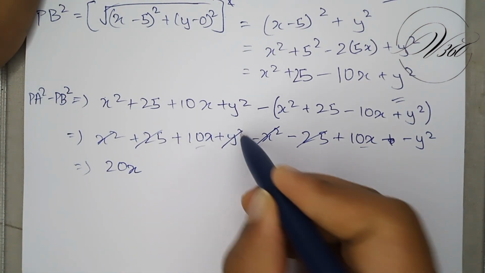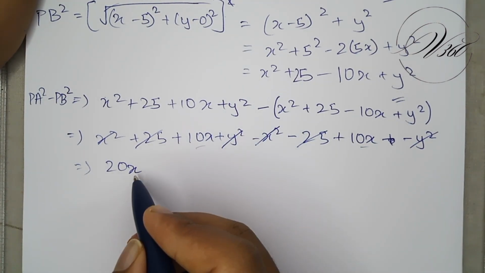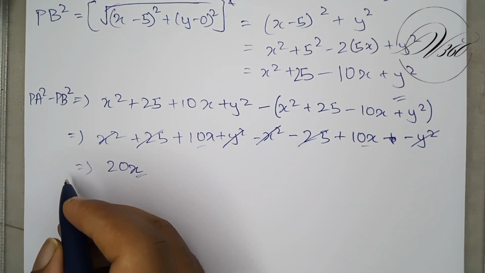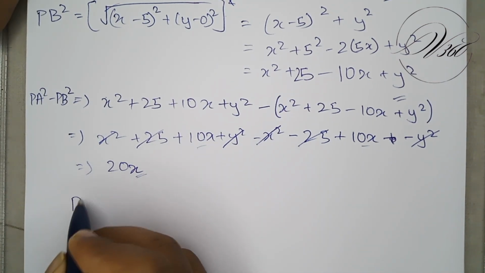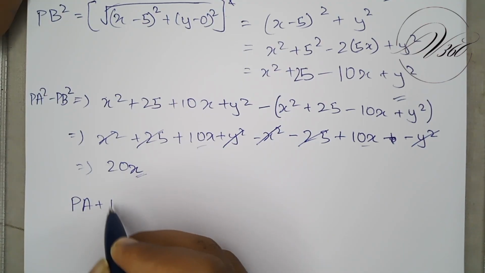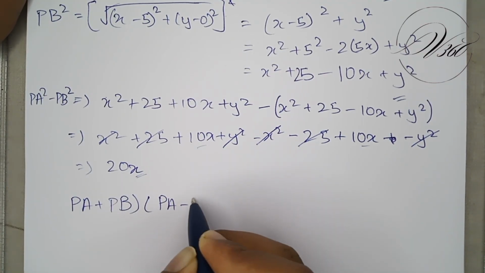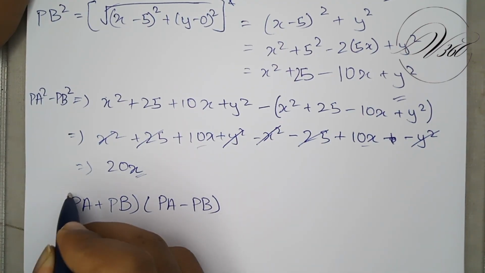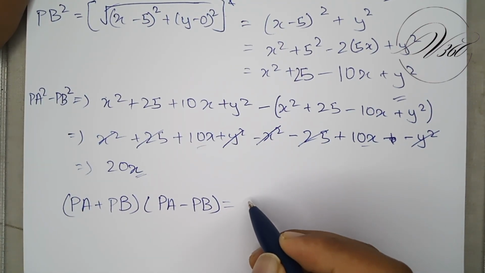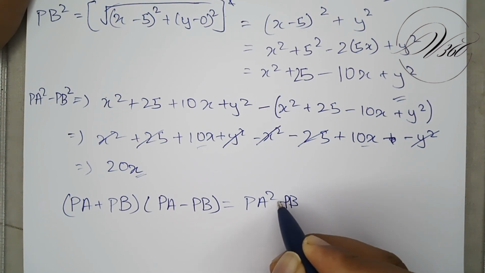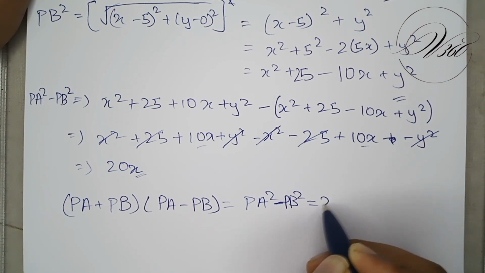Now plus y square minus y square. Now we'll get here 20x. So now we'll use (PA + PB) into (PA - PB) is equal to PA square minus PB square, which is equal to 20x.